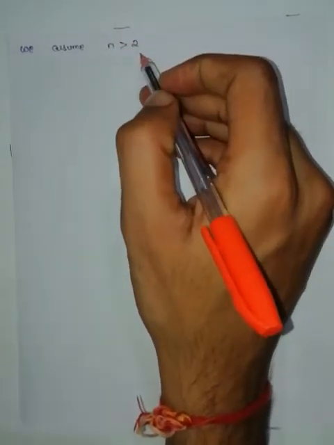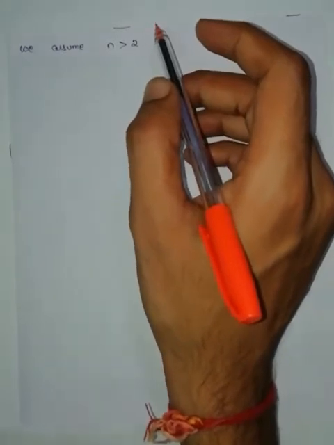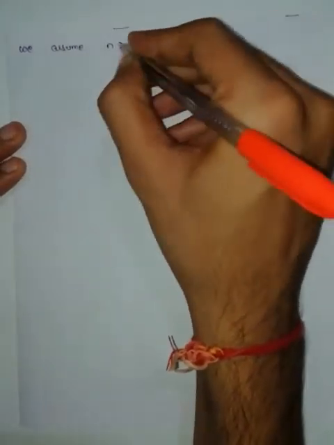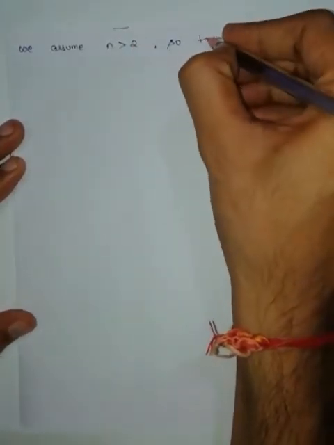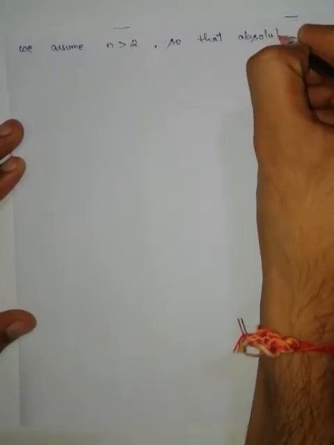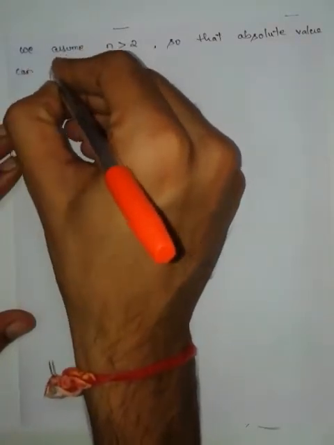I can't take 1 or 2, because then the value becomes negative. If I take any n greater than 2, the absolute value can be dropped.